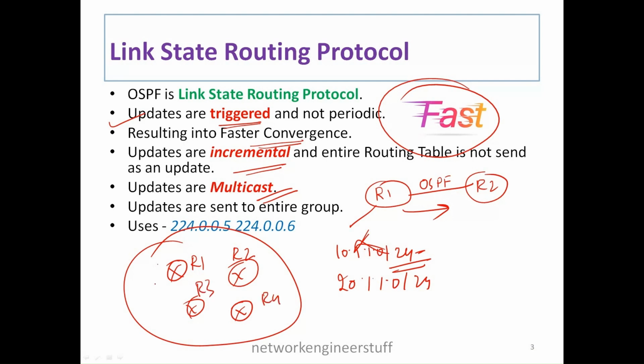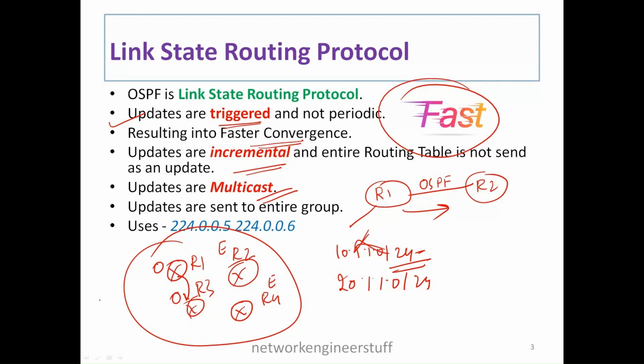Router 1 is running OSPF, router 2 is running EIGRP, router 3 is running OSPF, router 4 is running EIGRP. So when I say the updates are multicast, the updates on router 1 will be sent only to R3, which is in its OSPF domain. It will not be sent to non-OSPF devices.